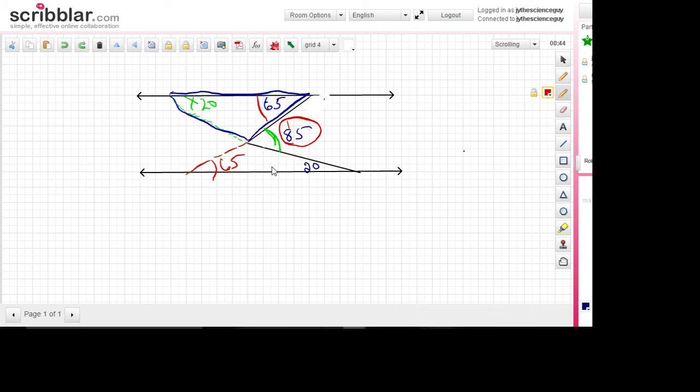Okay. All right. So let's talk about your homework. Your homework for me is that geometry PDF that I sent you. I want you to take the diagnostic test again.